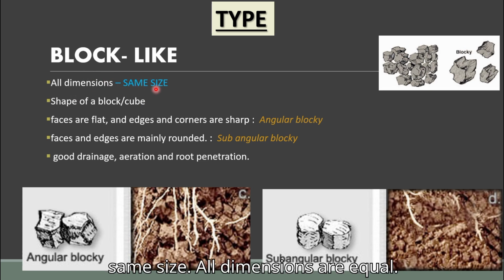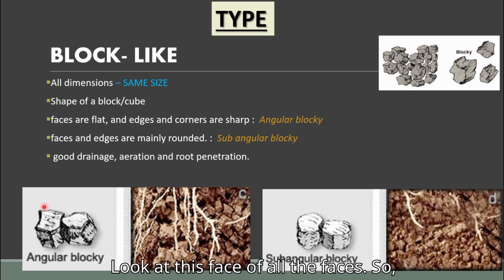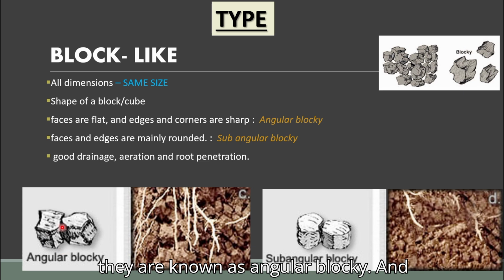So all sides will be of the same size, all dimensions are equal. Look at this first picture, at the faces. Here the faces are flat, and edges and corners are very sharp, so they are known as angular blocky.